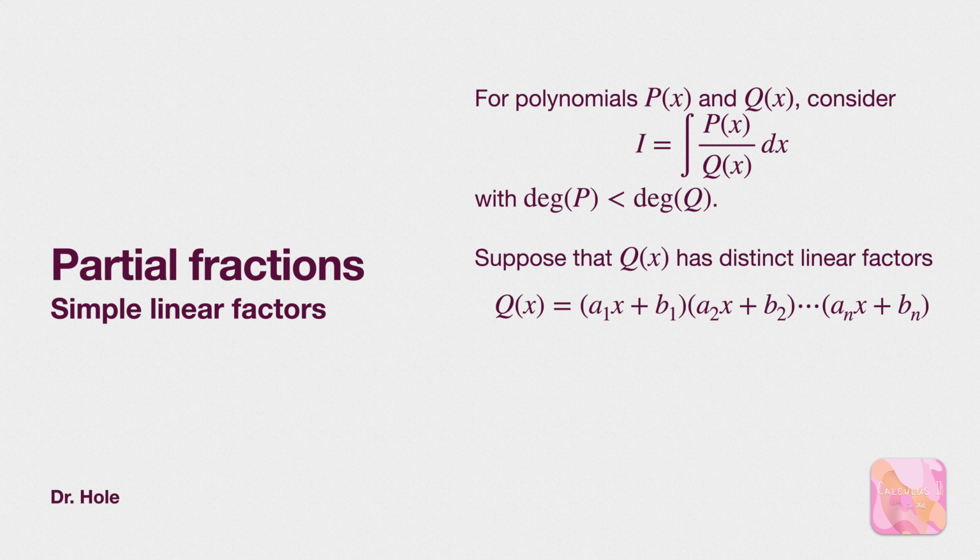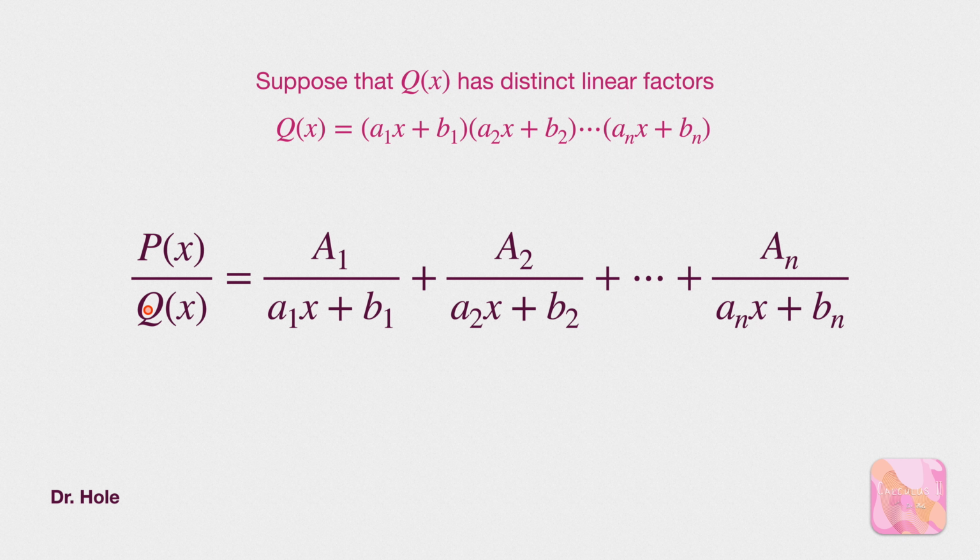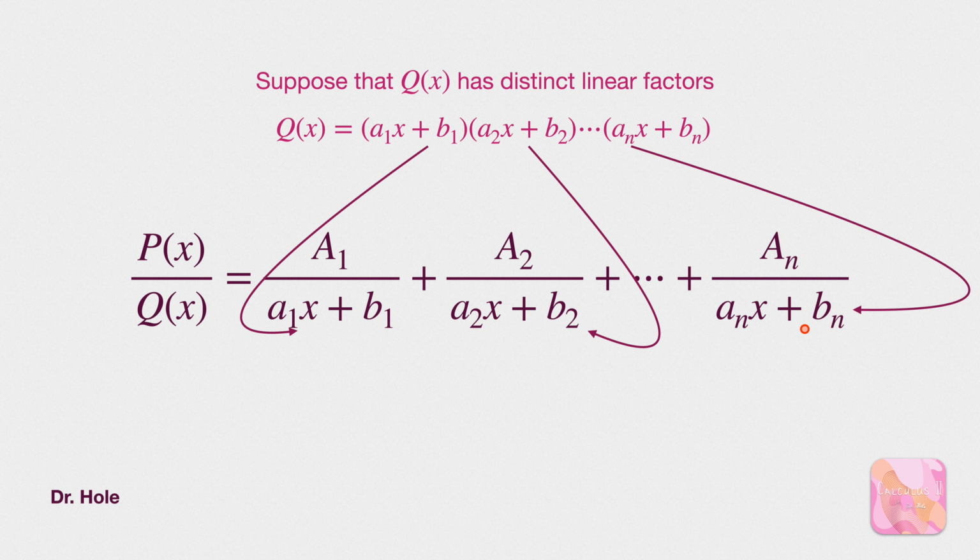Then the partial fraction decomposition will be a sum of n proper rational functions. Let's take a look at that. If P over Q is proper, and Q has n distinct linear factors, then we use each of those linear factors as a denominator to come up with a sum of proper rational functions, meaning that the numerator for each of these rational functions is degree 0, where the denominator is degree 1.